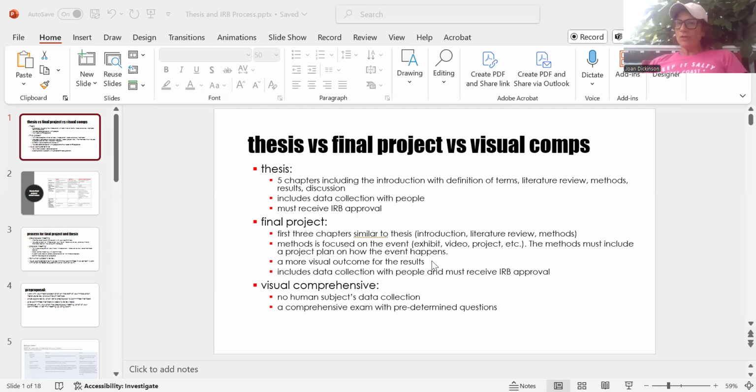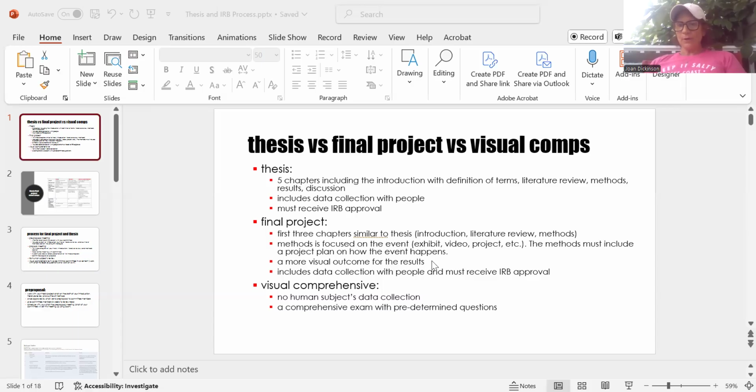The final project, though, does still require data collection with people, and you have to go through the IRB process. So the final project is a little bit different from the thesis when we start looking at the results and the discussion sections.